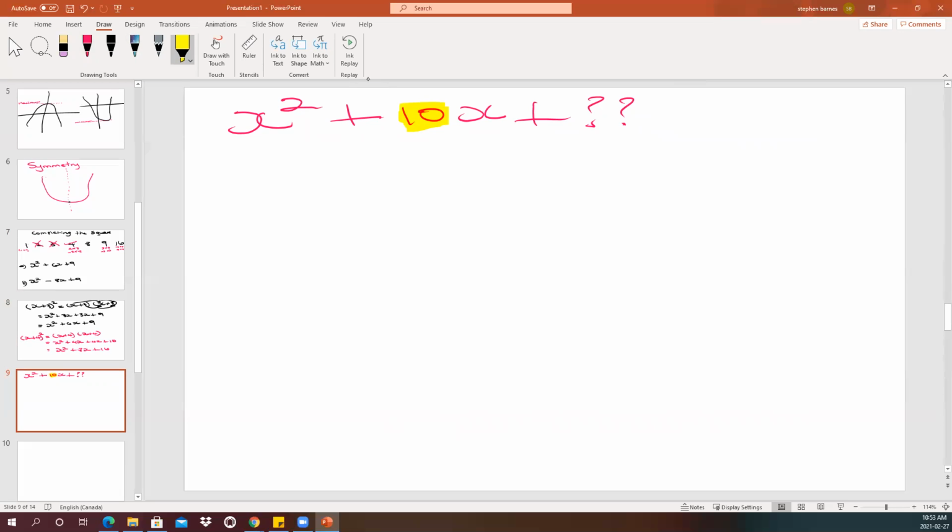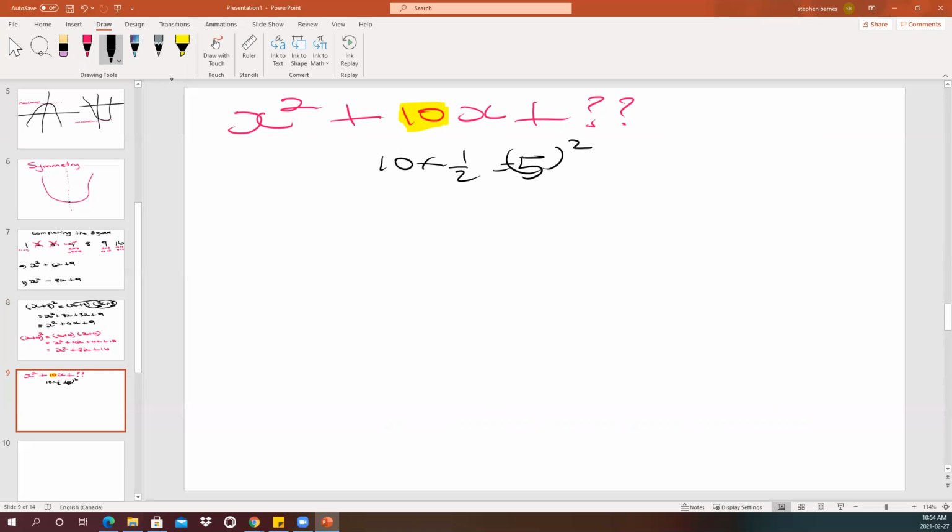Half of 10 is 5. Ten times a half is 5. And then we're going to square that, which is going to be 25. Yes, I think so. Yes.